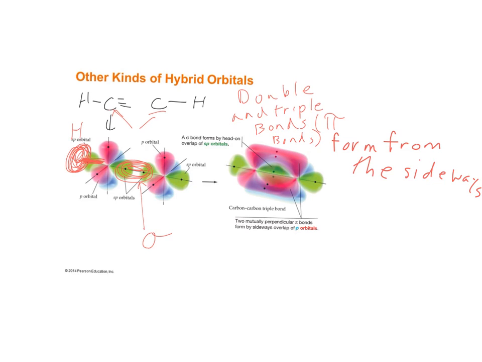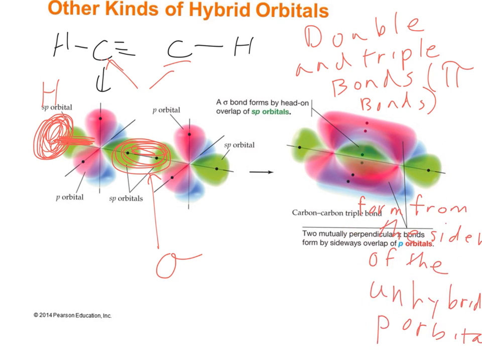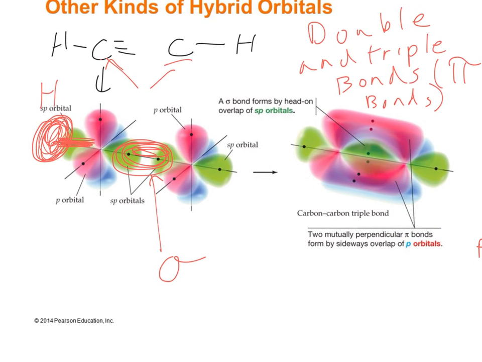A double and triple bond forms from the sideways overlap of the unhybridized p orbitals. So we go back to our photo over here, and we're going to form a double bond by having that p orbital form with this p orbital, the up-down p orbital, and this carbon and that carbon overlapping sideways and forming a pi bond.